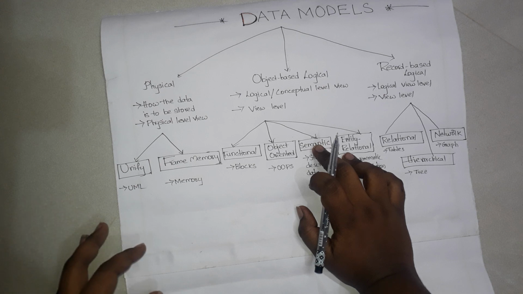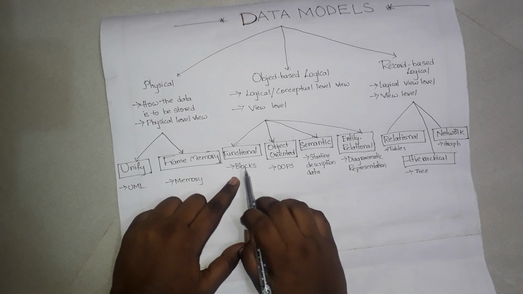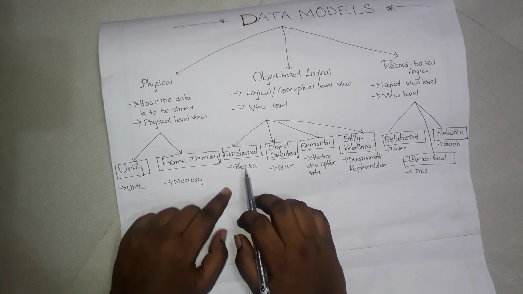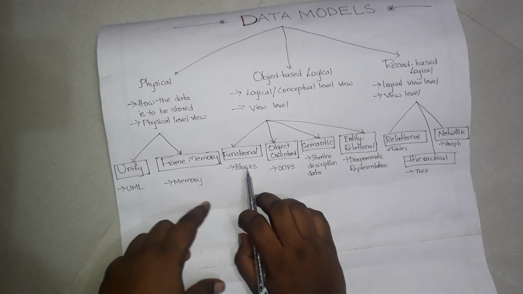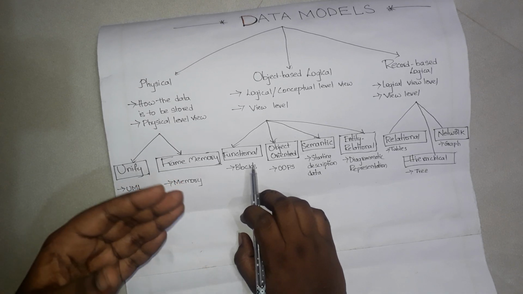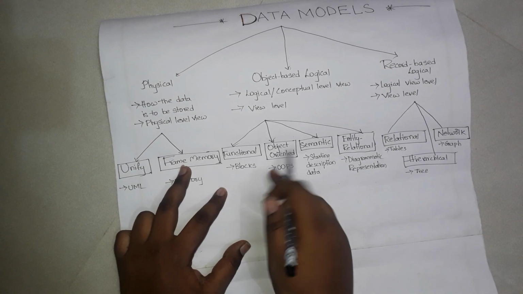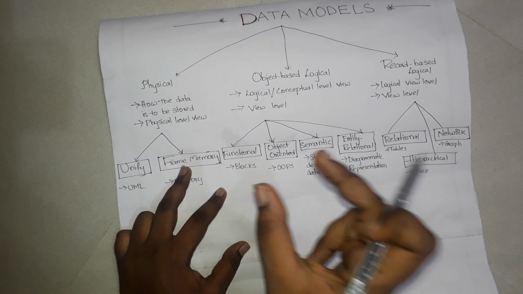So coming to the object based logical model, we have the functional model first. Function, already we know, is nothing but a block of statements which we execute whenever we want. So functional models are separated as blocks.